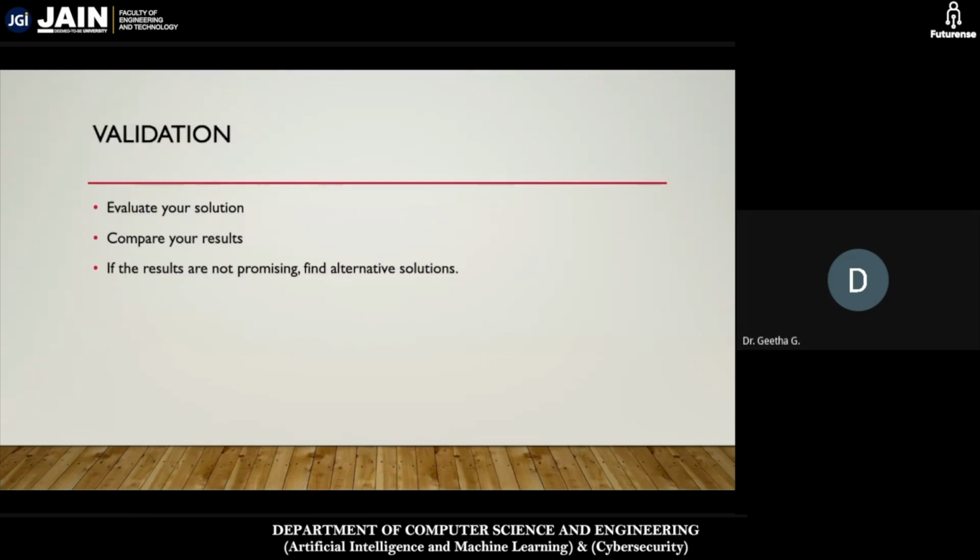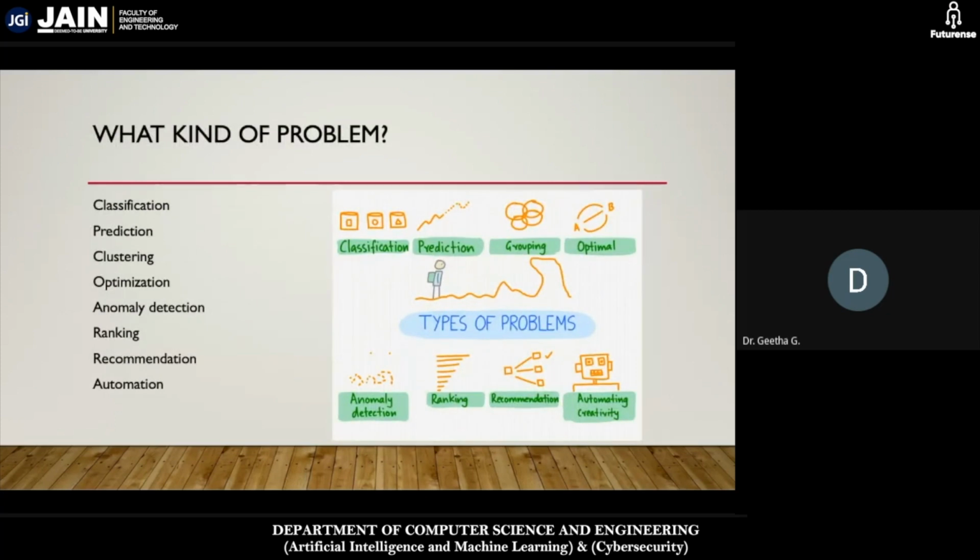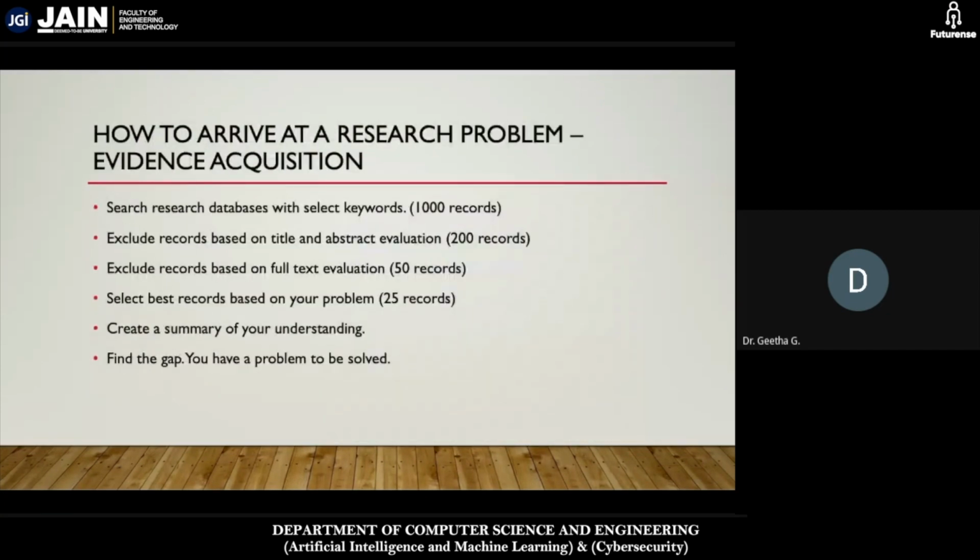Next. Now, coming back to my first point, I first told you how to arrive at a research problem. I talked about how to find the gap. I talked about when you have a problem in hand, how it could be solved.